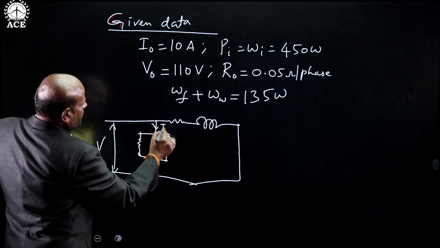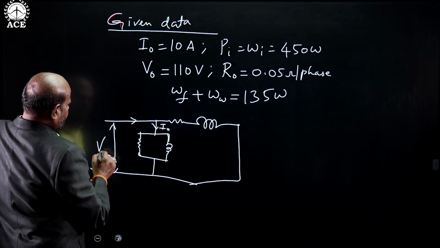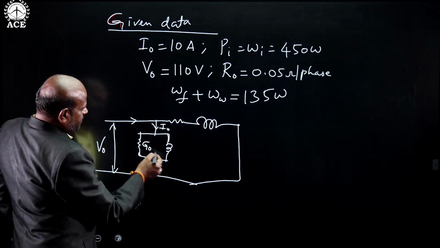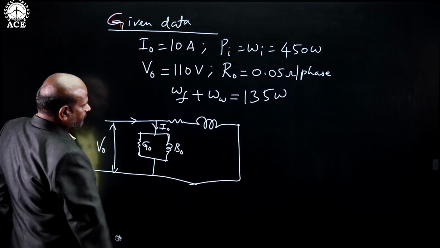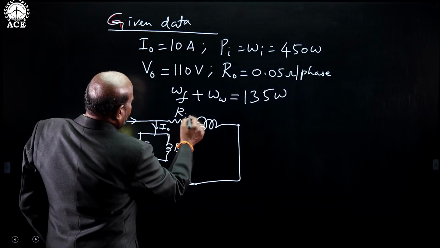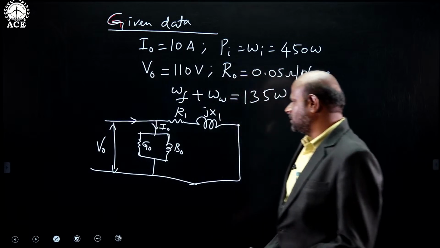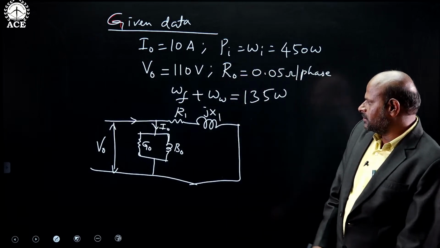This is the no-load current, I naught. V naught is the applied voltage. Now this in terms of G naught, B naught, R1, jX1. This is the no-load parameter.